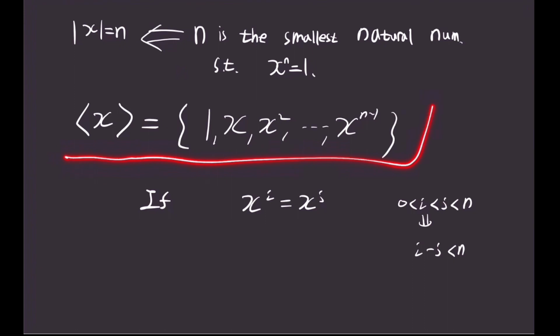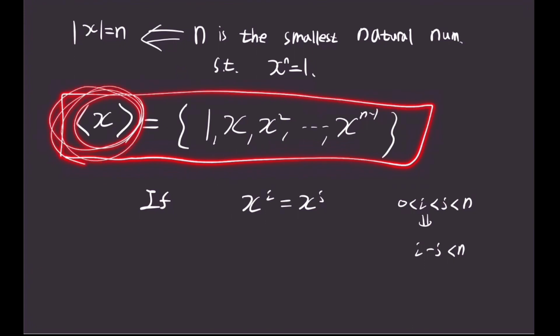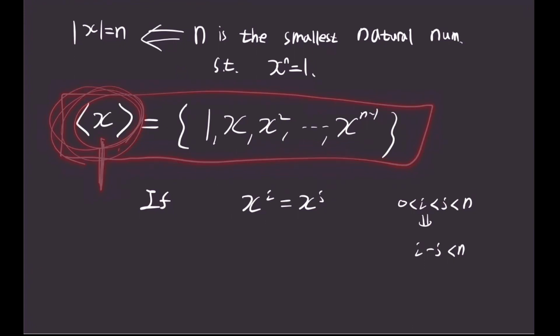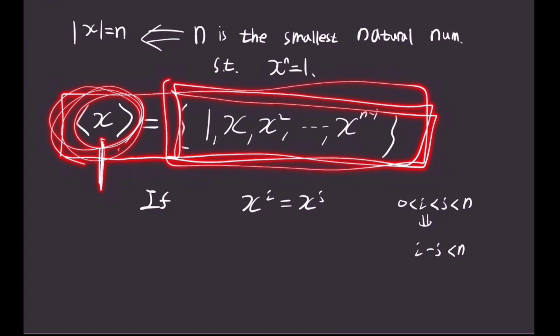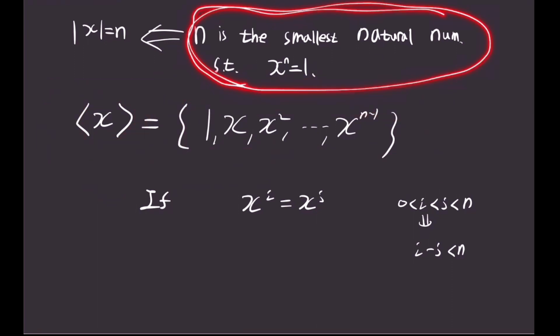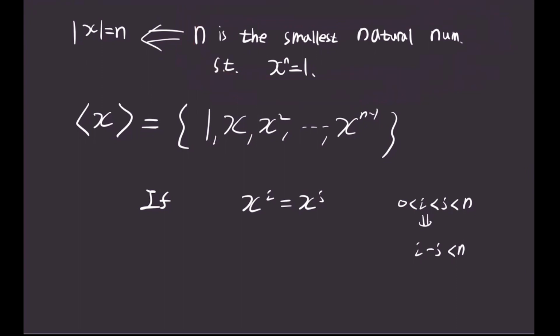Write this cyclic group generated by X. We already know that the cyclic group is this, and now we assume this premise. We just have to prove there is no overlapped element, right? Then the order of X is n, right?